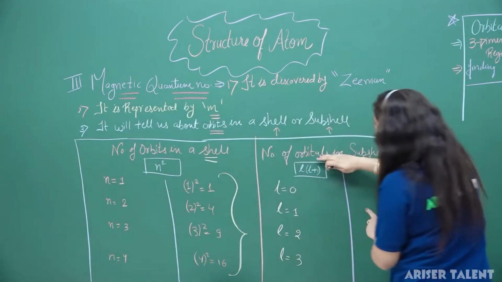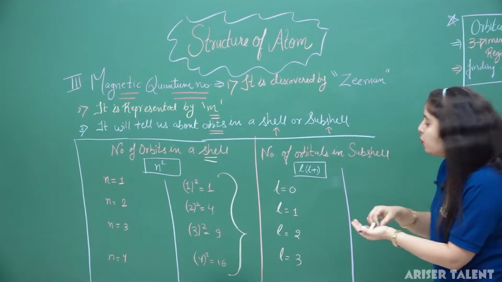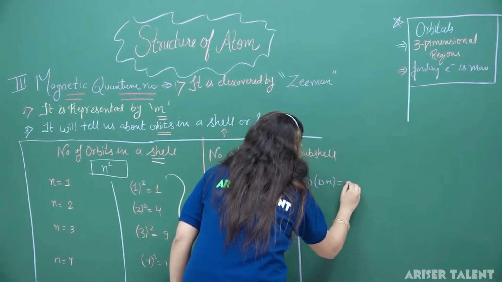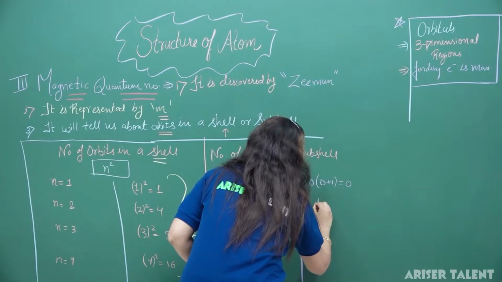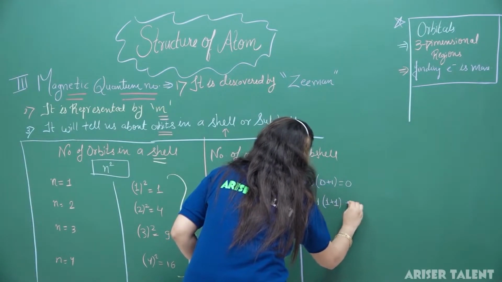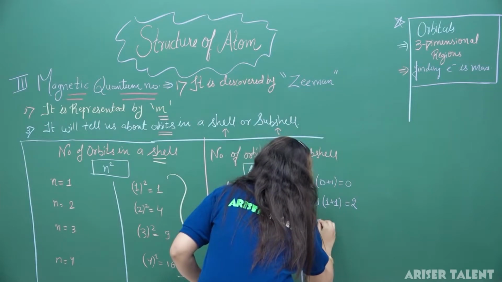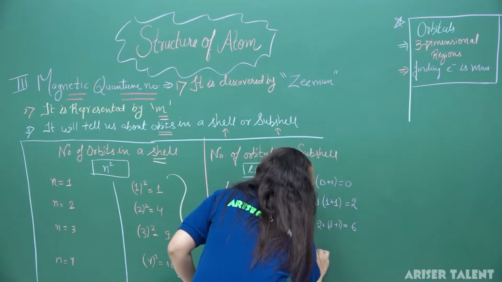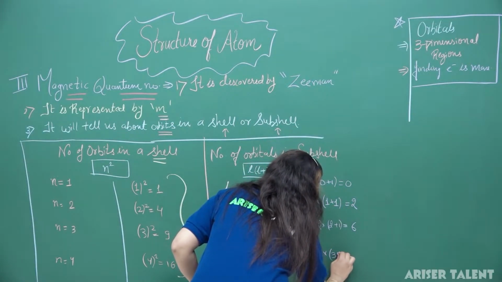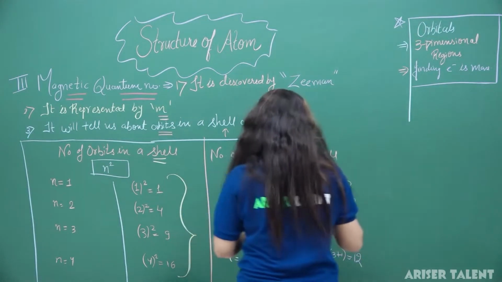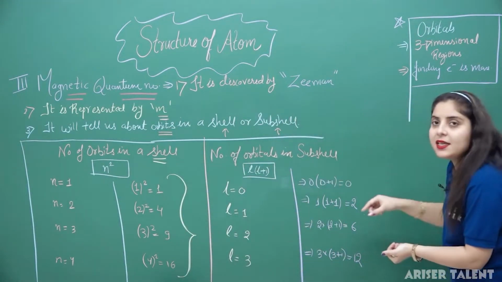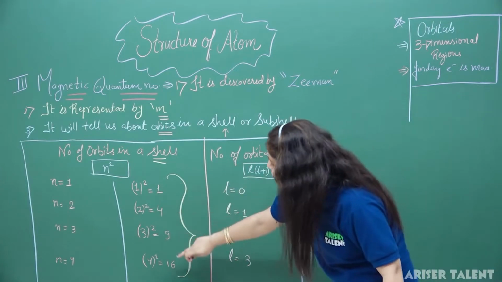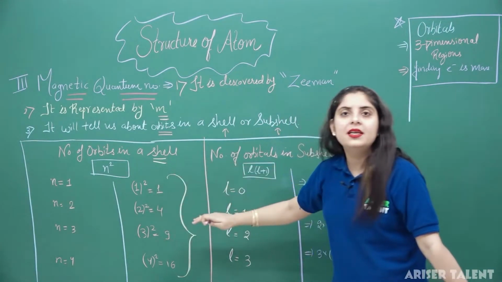Now we will put the value of l, that is 0: 2 into 0 plus 1, that is 1. 2 into 1 plus 1, that is equal to 3. 2 into 2 plus 1, that is equal to 5. 2 into 3 plus 1, that is equal to 7. So 1, 3, 5, 7 are the number of orbitals in the subshell, and 1, 4, 9, 16 are the number of orbitals in a shell.